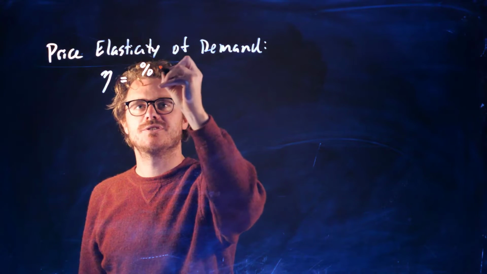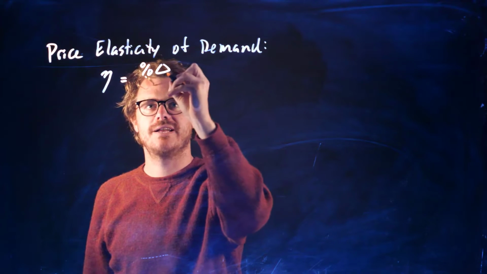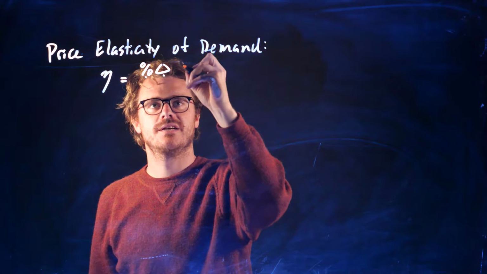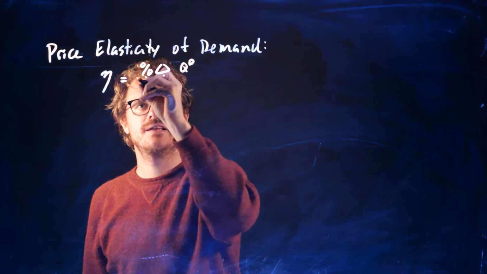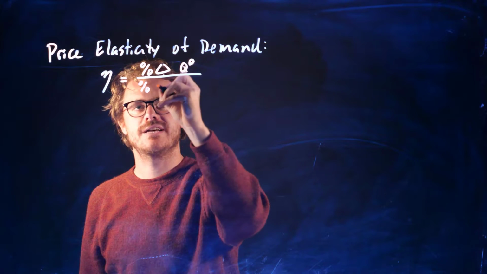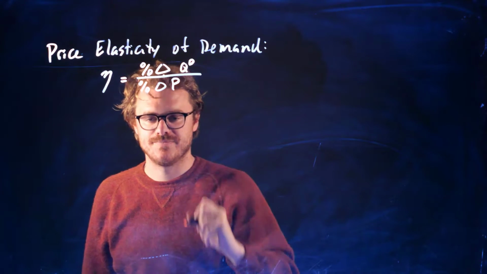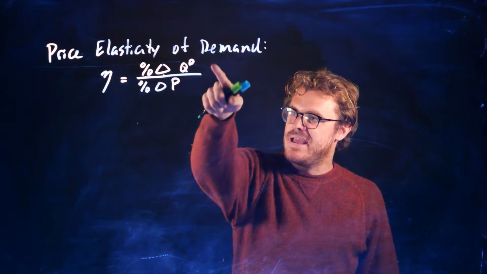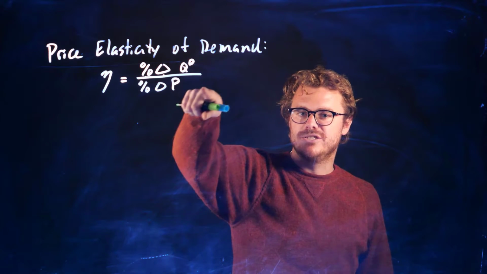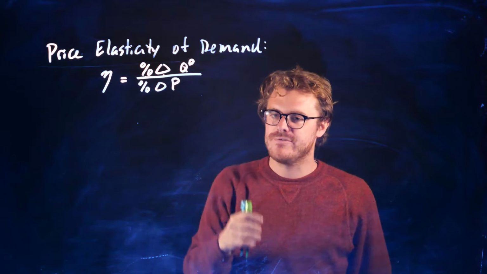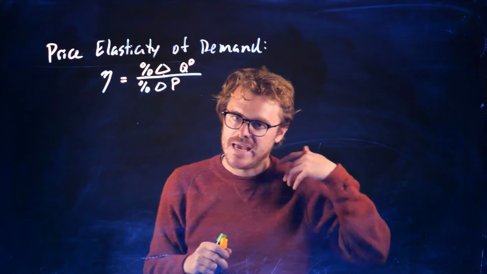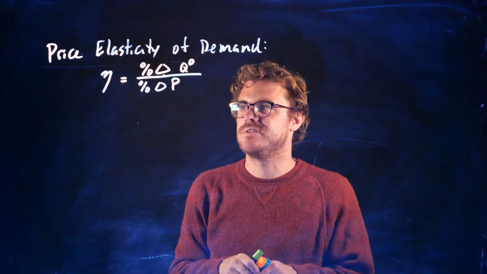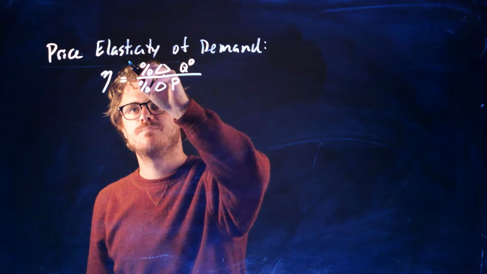So what is it? The percentage change in quantity demanded over the percentage change in price. Now we know that because of the law of demand, these have a negative relationship between the two. But whenever you see economists express price elasticity of demand, it's always positive.